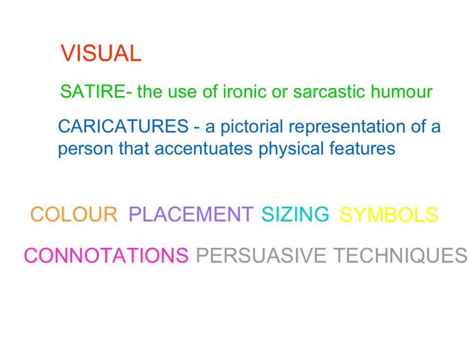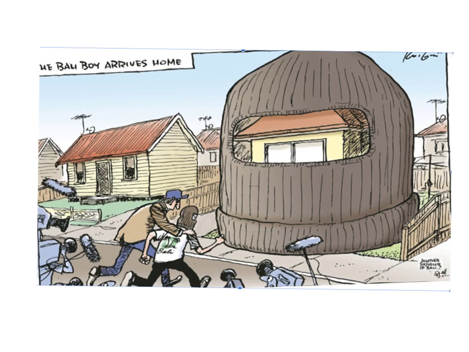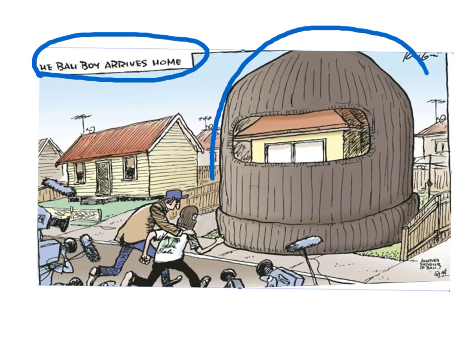So if we have a look then at this first cartoon, immediately we can notice that there are a number of elements that go to make up this particular image. So there is the title of the piece, which is in the top left corner, obviously. There is this really dominating image of the balaclava that is off-centre, but is certainly what draws our attention most predominantly because it is the biggest object in the whole piece.